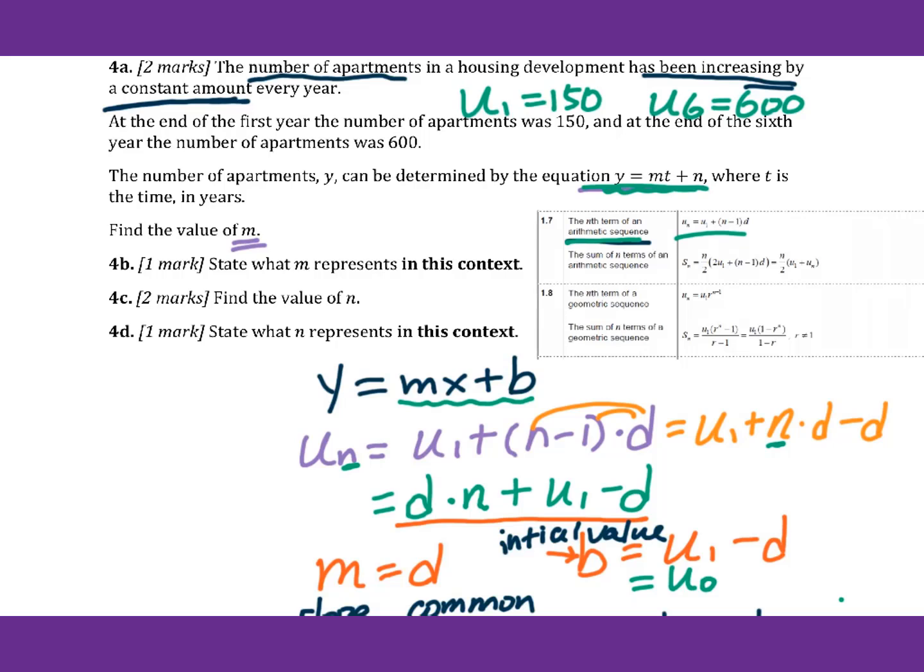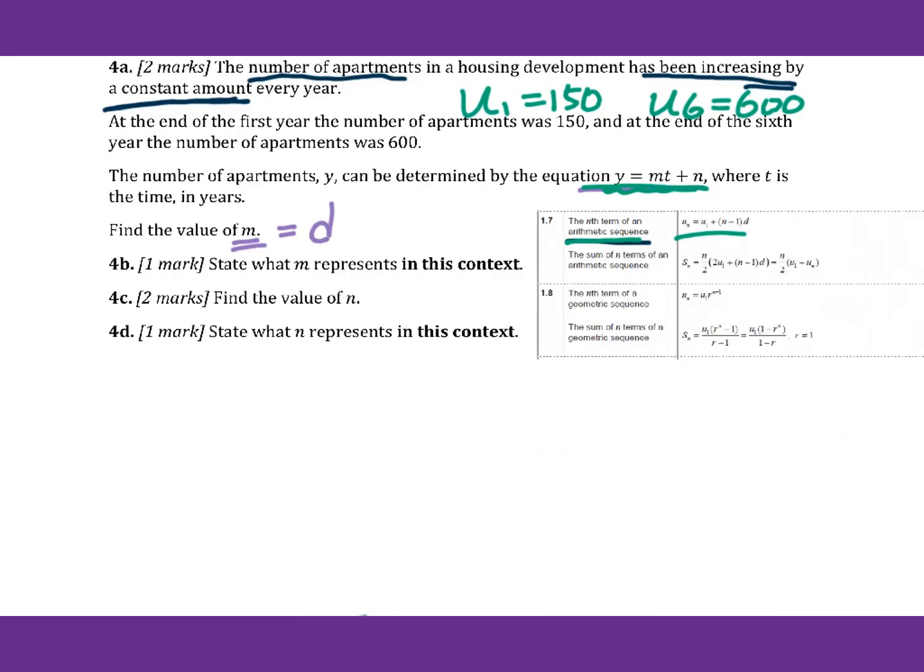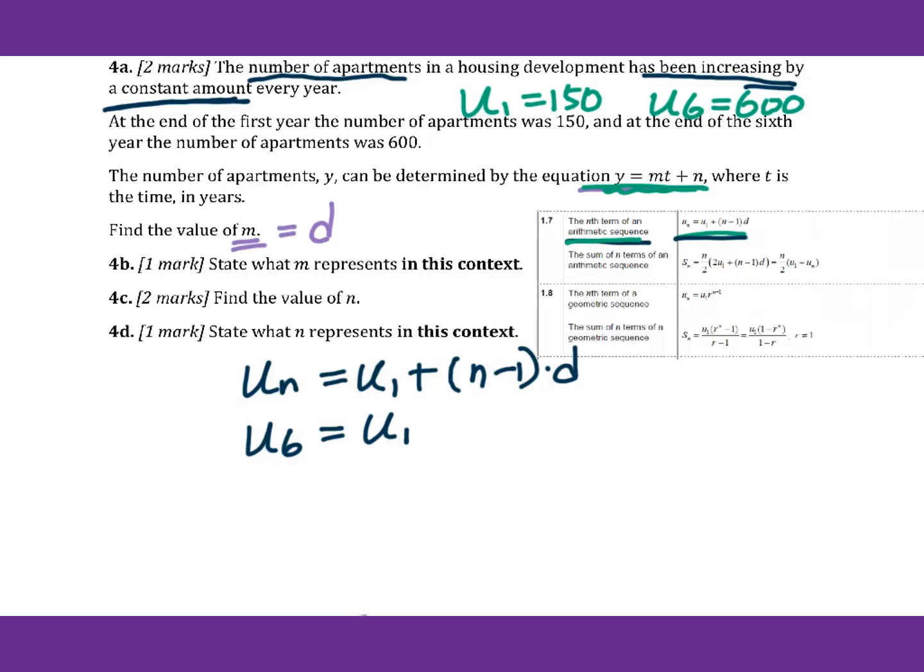Now we can find the value of m. Basically, we are looking for the value of d. So we use this formula: u sub n equals u sub 1 plus n minus 1 times d. For u sub n, we use u sub 6. Every single n you need to change into 6. So we will write down that it's 6 minus 1 times d.